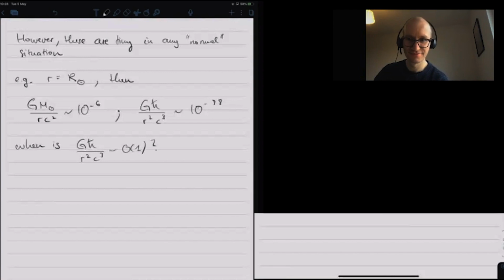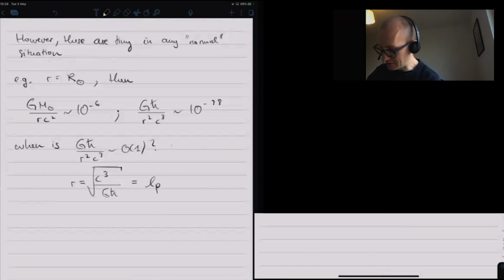Planck length. Yes. So if we were measuring gravity on a scale, we obviously solve this for r. So r should be the square root of G h bar over c cubed, which we call the Planck length.